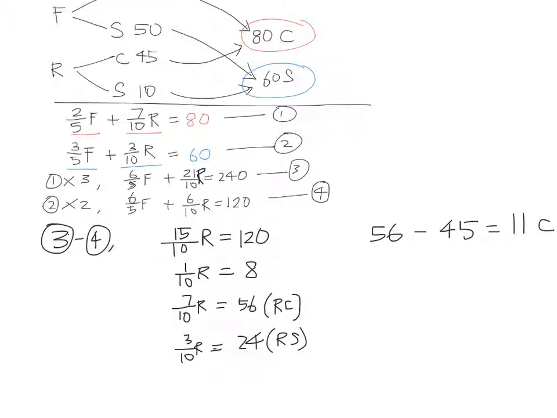And then at first, Ryan has 10 sweets. In the end, he has 24 sweets. He has 10 sweets to begin with, so he received 14 sweets from Frederick. So these are the two answers to the question.